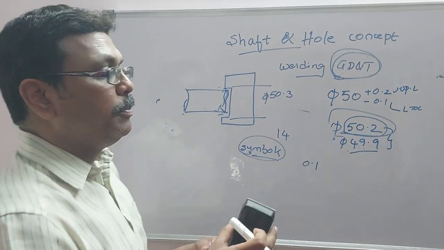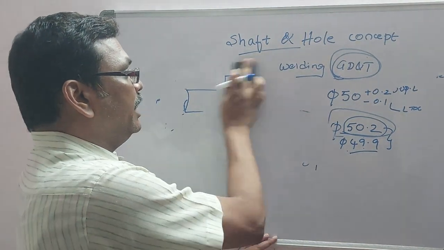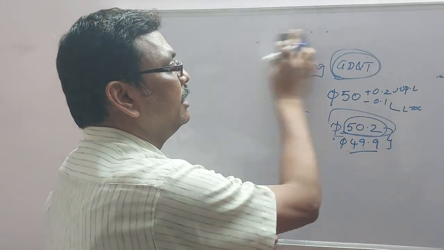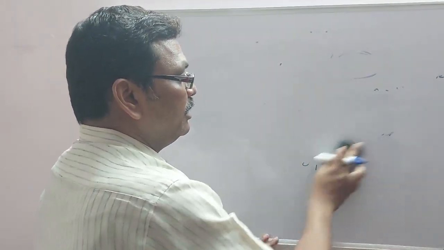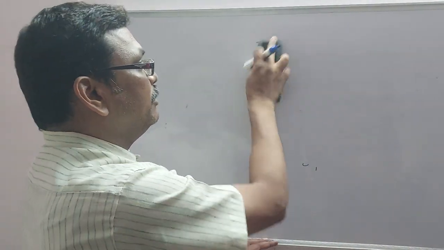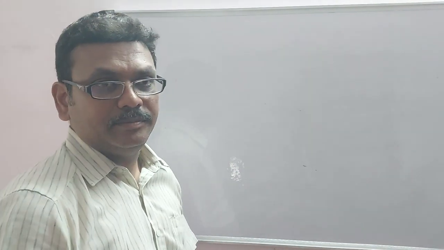Right? I hope you understand the concept of GD&T and the difference between general dimensioning and geometric dimensioning. In the next section, we will see the application of these symbols with respect to assembling of components.